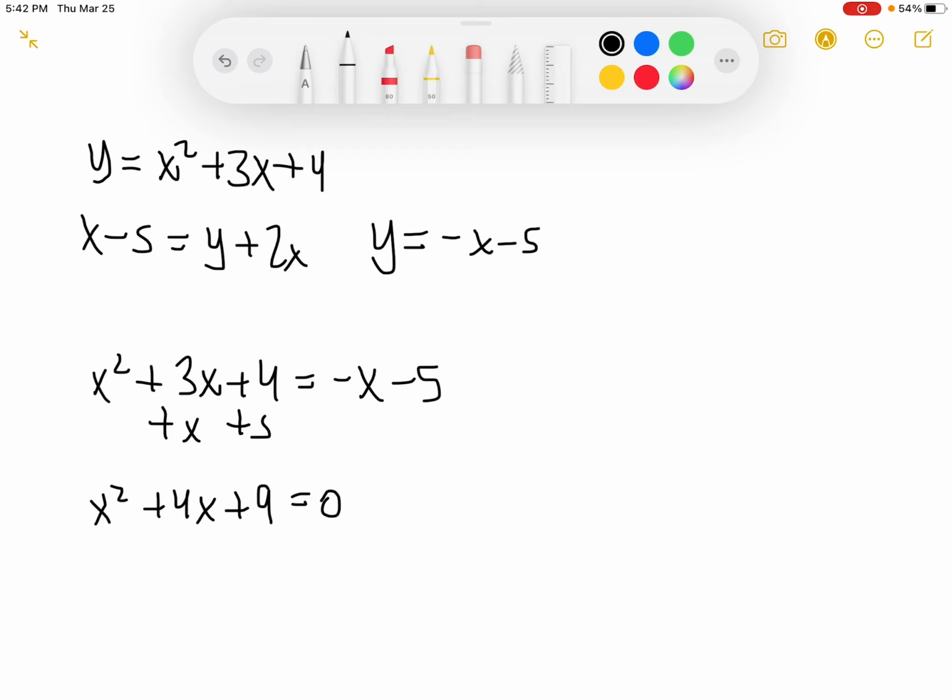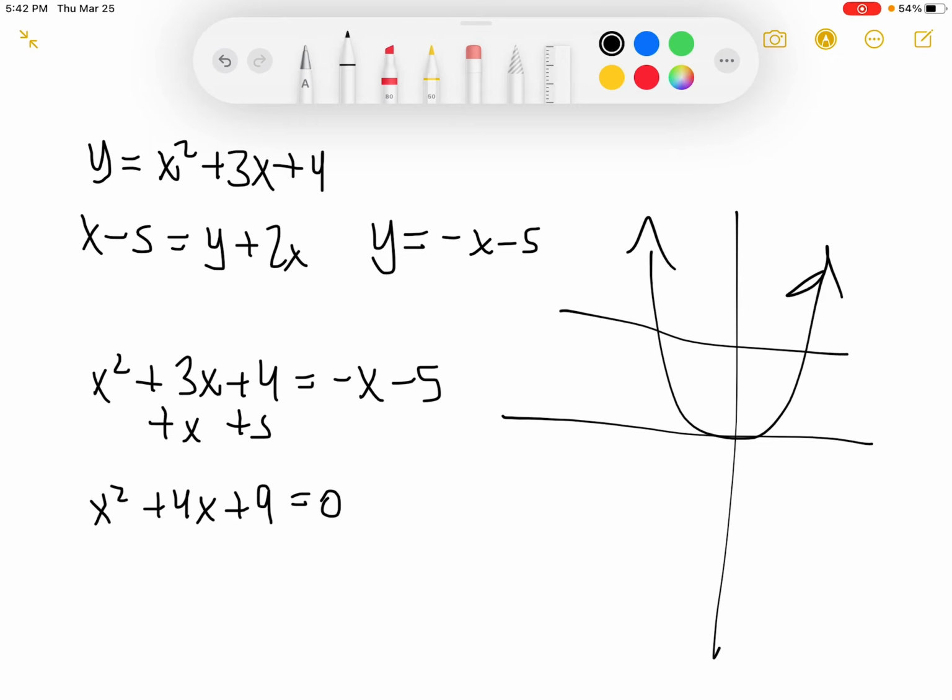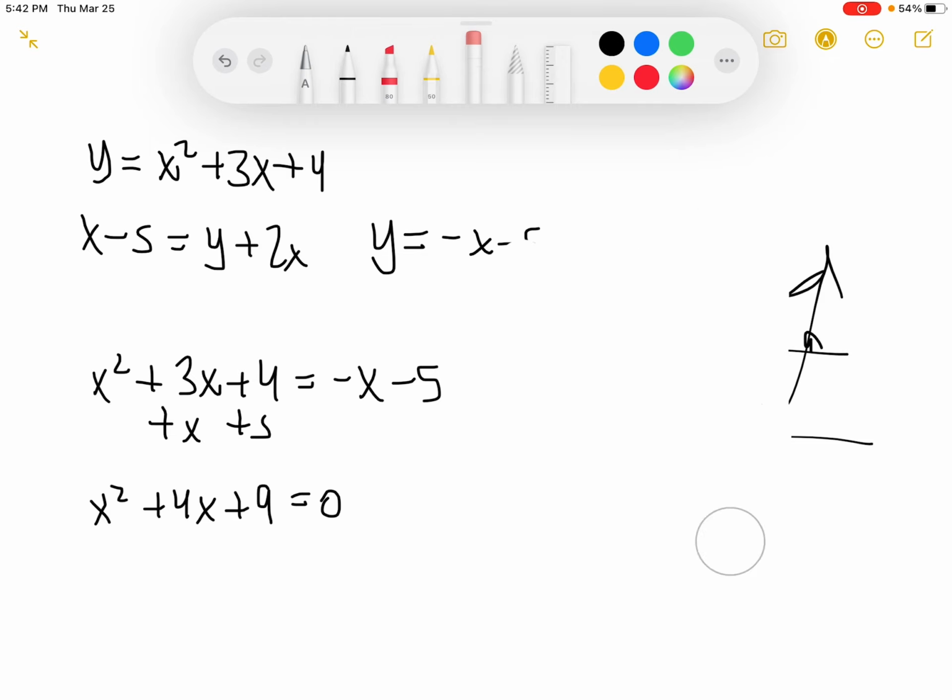If you think about how a quadratic is, if a line went through right here, there could be 2 points of intersection, so you might get more than one answer. So let's just do completing the square, just in this case.